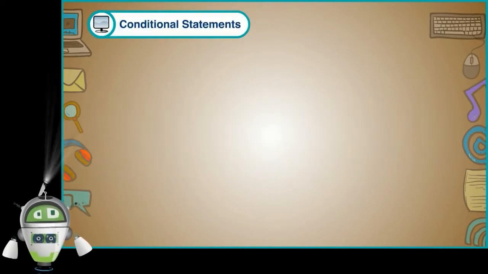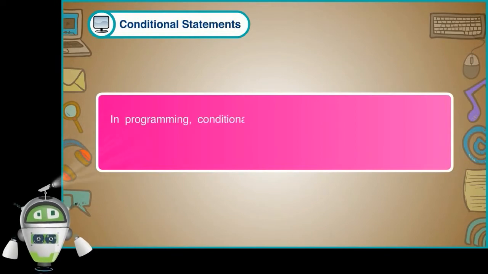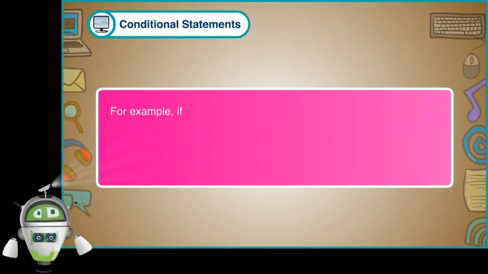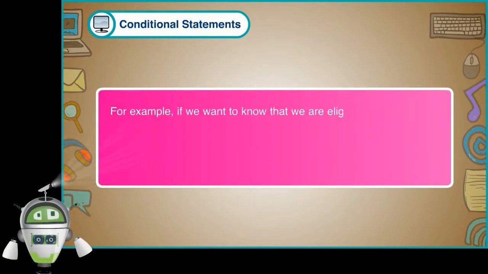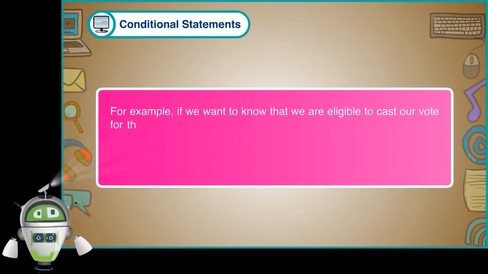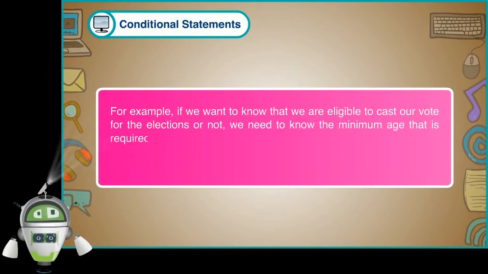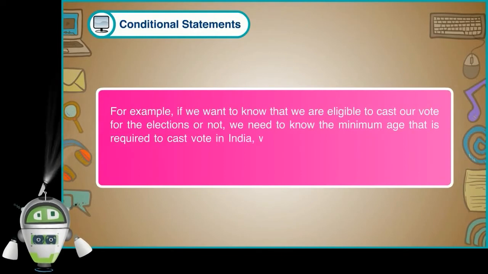Conditional statements. In programming, conditional statements help to make a decision based on a condition. The output or result of the program depends on the outcome of the condition. For example, if we want to know whether we are eligible to cast our vote in elections or not, we need to know the minimum age required to cast a vote in India, which is 18.